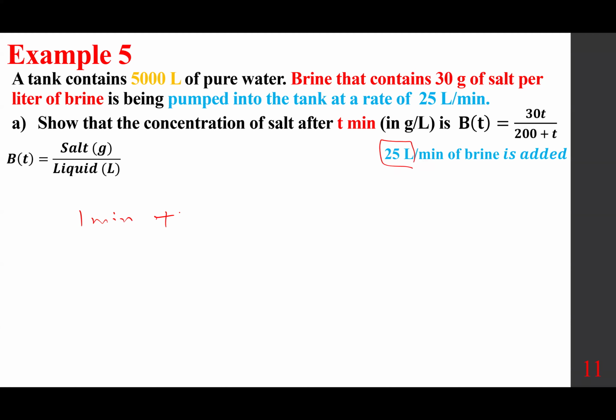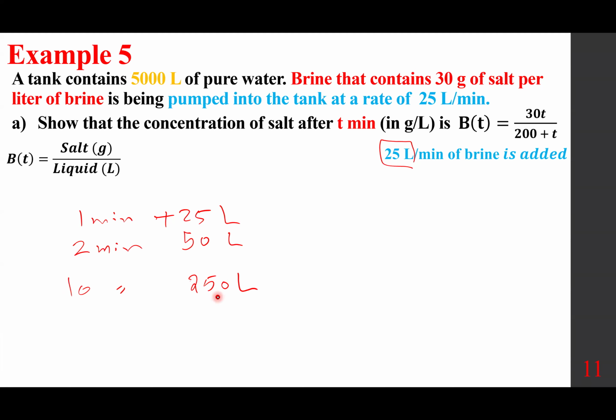we add 25 liters, right? Because it's 25 liters per minute. After 2 minutes, we add 2 times 25, 50 liters. After 10 minutes, 25 times 10, we add 250 liters. So for example, if we stopped at 10 minutes, the liquid would be 5,000 liters plus this much. But we are going to stop at t minutes.